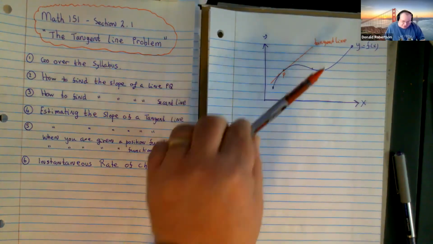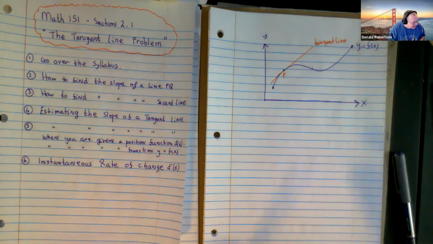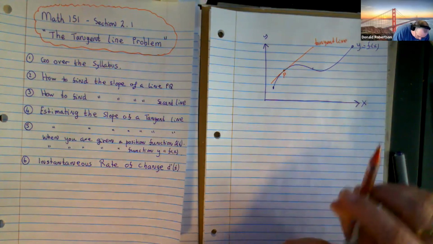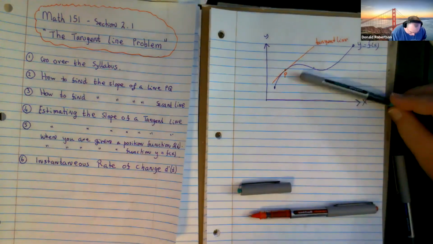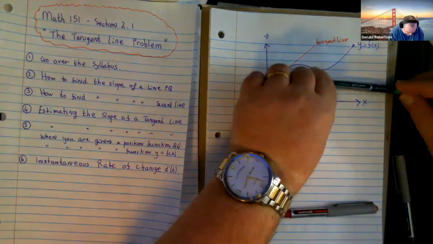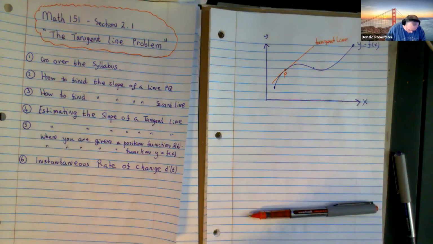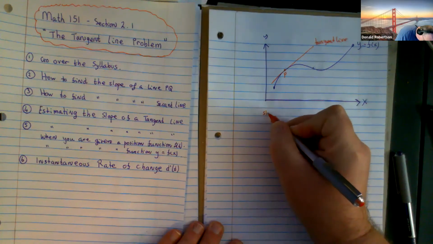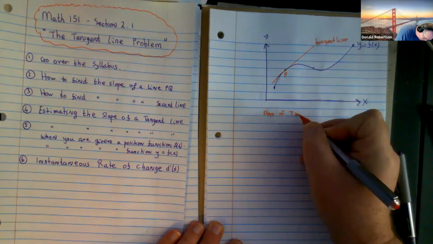Basically, a tangent line is a line that just touches the curve, right? And no other. Every single point on a curve has a unique tangent line, right? So if I did the tangent line down here, wouldn't it be a line pointing somewhere like that, totally different from the red one? And here would be a different tangent line again. Every single point has a tangent line. And we were interested in finding the slope of the tangent line.